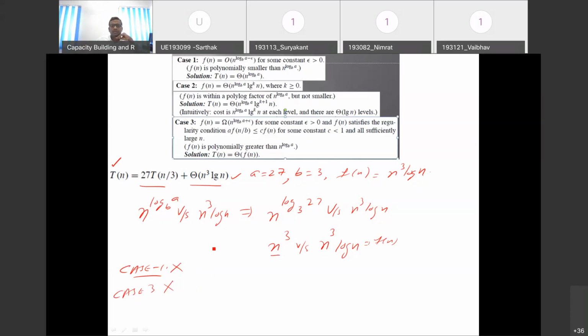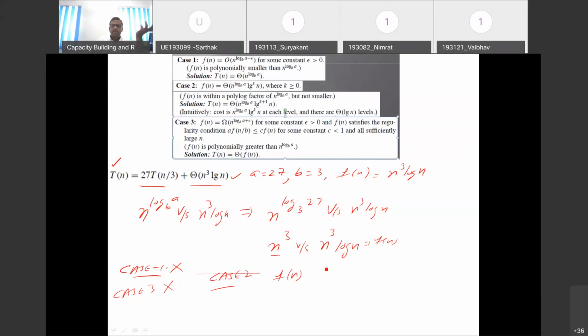Now concentrate on case number 2. What does case number 2 say? Read case number 2. When f of n is within a polylog factor of n raised to the power log a base b.